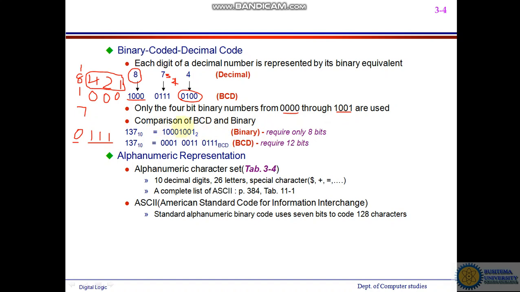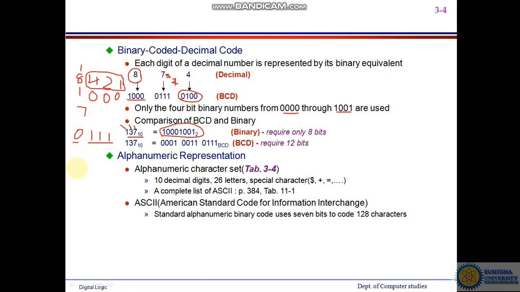Now let us compare the BCD and the binary. In BCD we have seen that if you have 137, this is going to be equivalent to this. Remember, you're going to get this and that independently. In 1, remember a 1 is going to give us 0, 0.